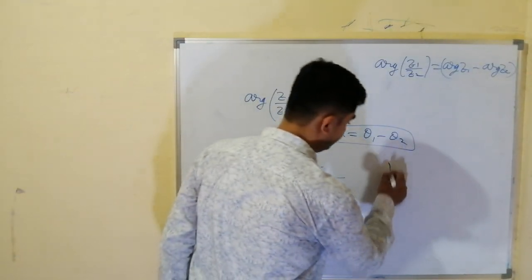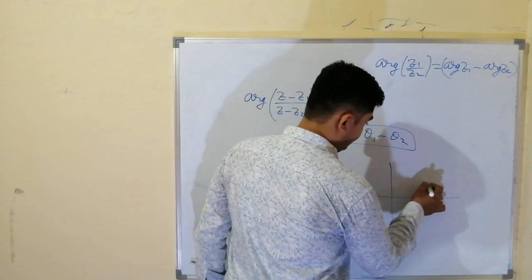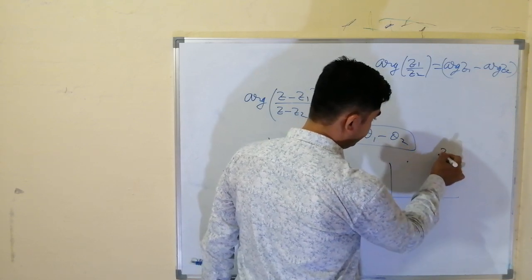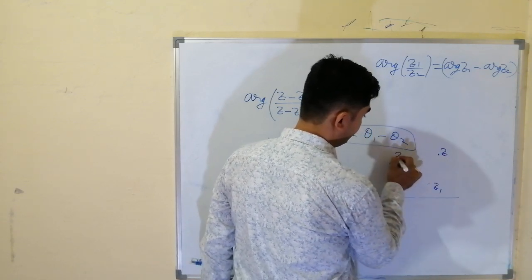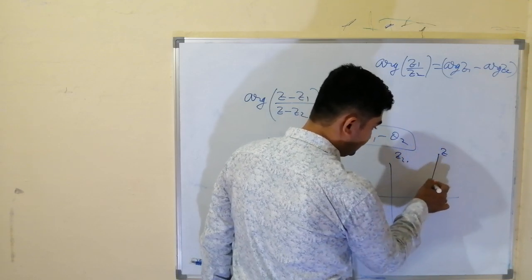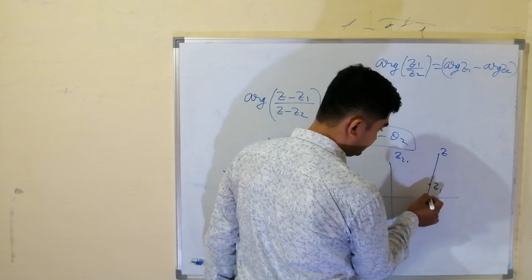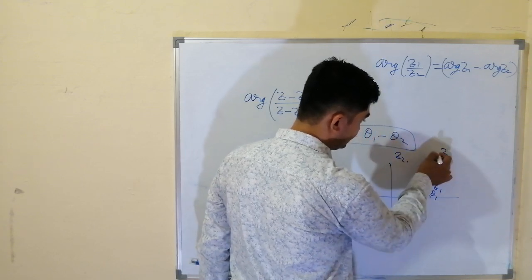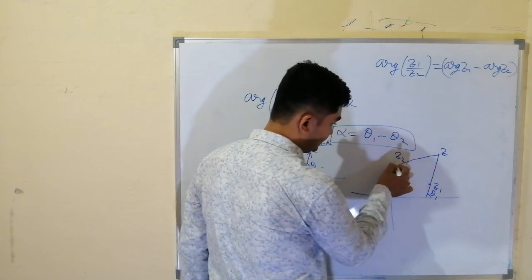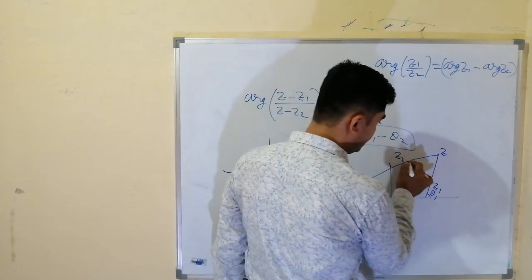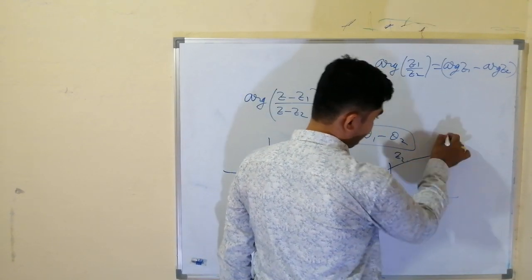I will draw this again. We have z1, we have z2, we have z. Let us extend this. This is theta 1. Let us extend this. This is theta 2. Now extend this.